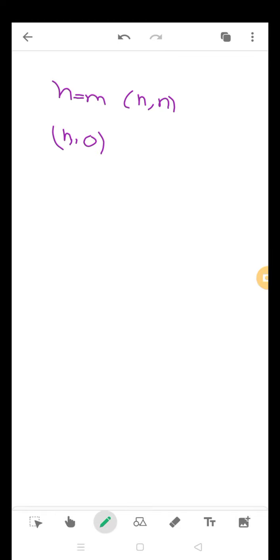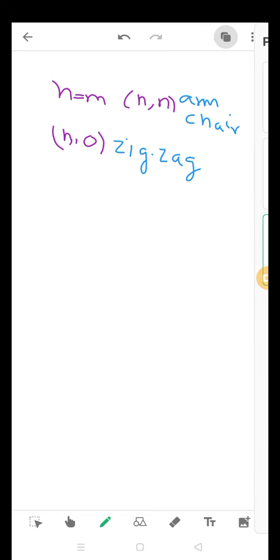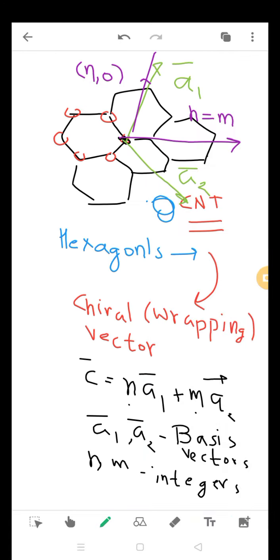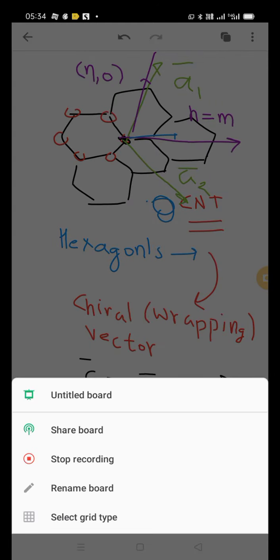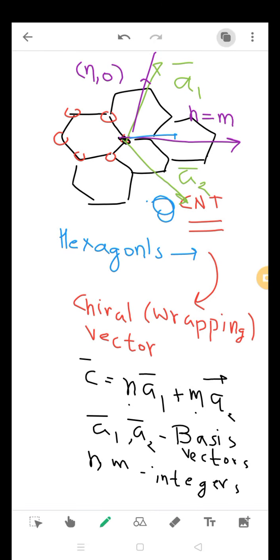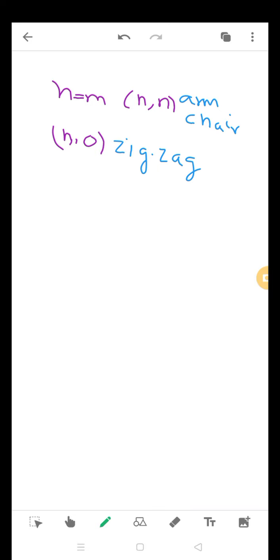So this NN wrapping is called an armchair carbon nanotube. Whereas this N0 wrapping is called a zigzag carbon nanotube. And why is it called an armchair carbon nanotube? If you look closely at the structure, if we are rolling it in this NN direction, the shape after you roll it will look something like this.